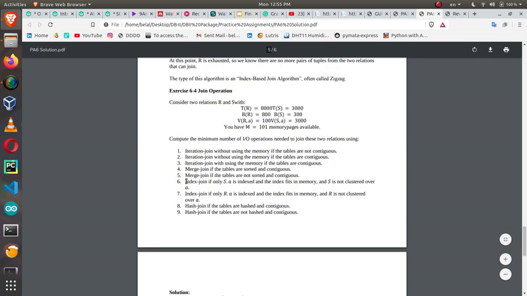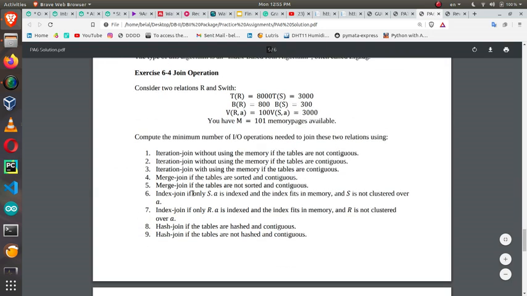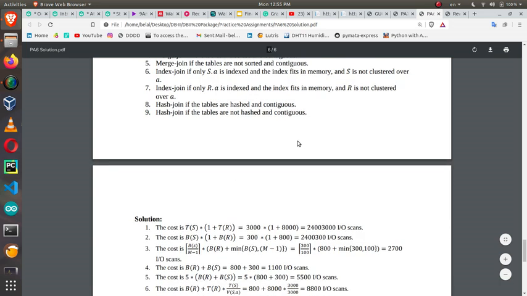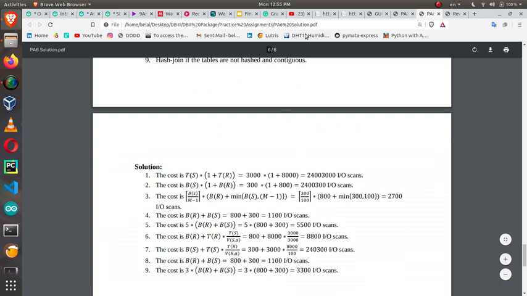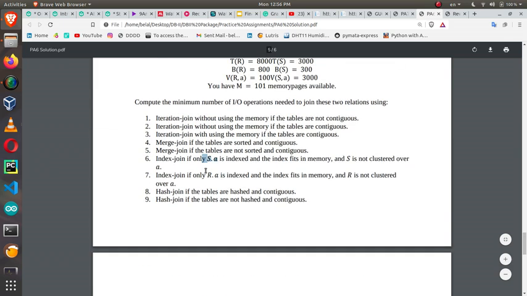Index join. The first one. Use index join if only S.A is indexed, the index fits in memory, and S is not clustered over A. So we have an index over A, and we have these stats: the total number of tuples in S and the number of distinct values in S. The cost will be the input-output operations needed to load relation R, since we are going to search in the S.A index.